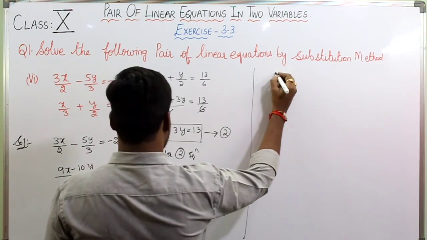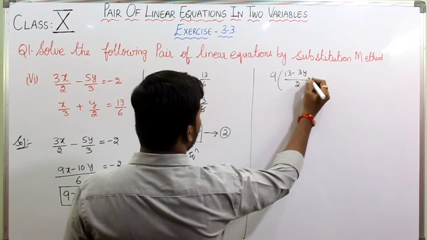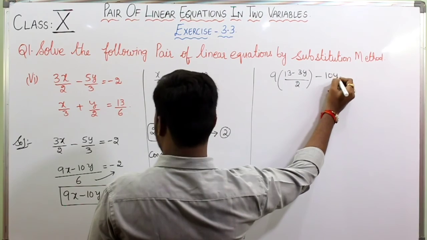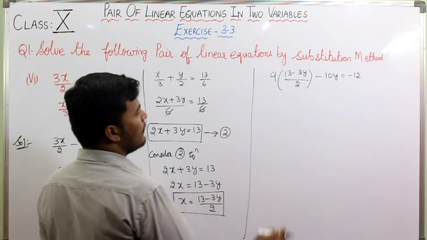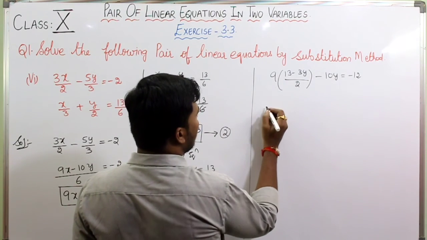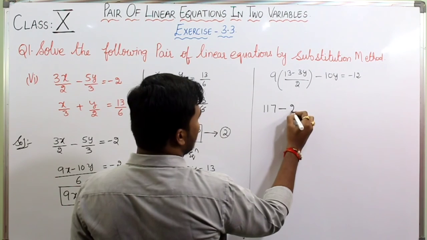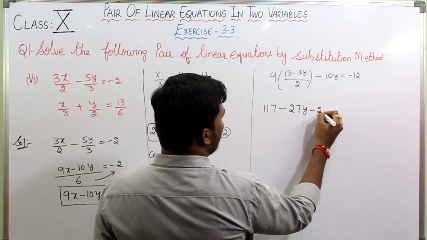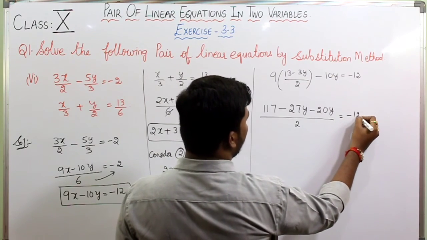Then we will get 9 into 13 minus 3y by 2 minus 10y is equal to minus 12. So we will get 13 9s is how much? 117 minus 9 3s is 27y minus 20y by 2 is equal to minus 12.